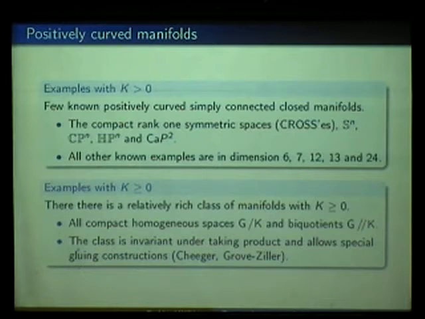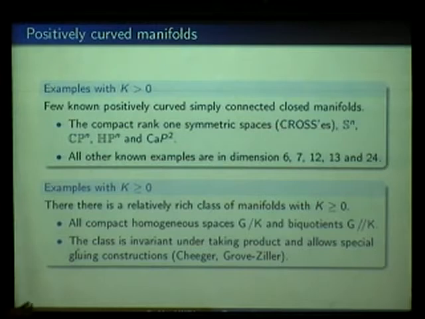And more generally, you can look at bi-quotients, so that's when the group doesn't just act from the left, but also from the right at the same time. As long as the action is free, you also get non-negative curvature on the quotient, right? So non-negative curvature is invariant under taking quotients by free isometric group actions, and that's why this is clear.